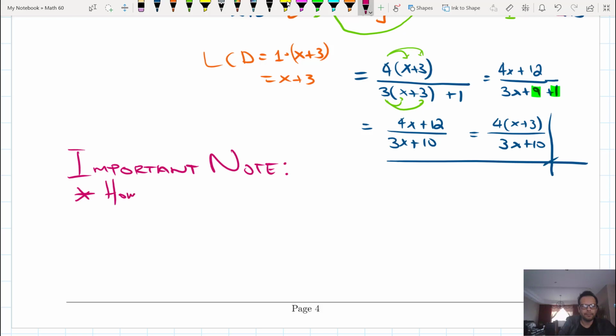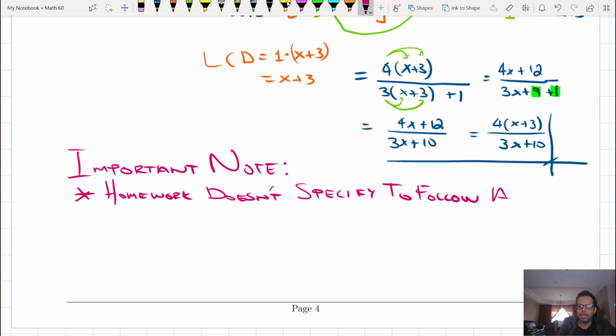Homework doesn't specify to follow any method. In the homework, when you go to MyMathLab, the homework questions are just going to be worded like simplify the complex fraction. That is, you follow any method you want.